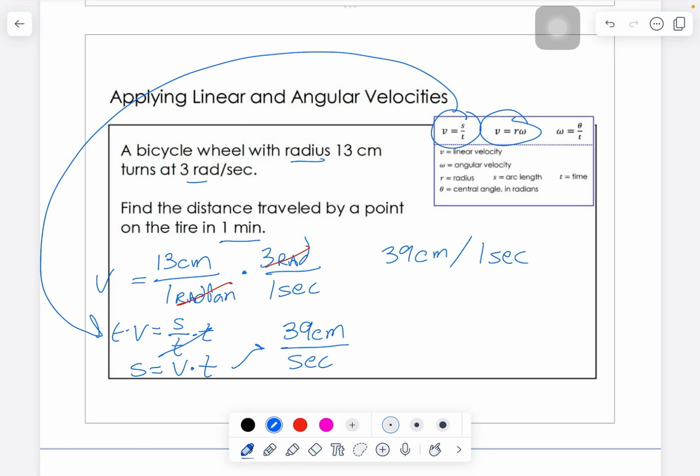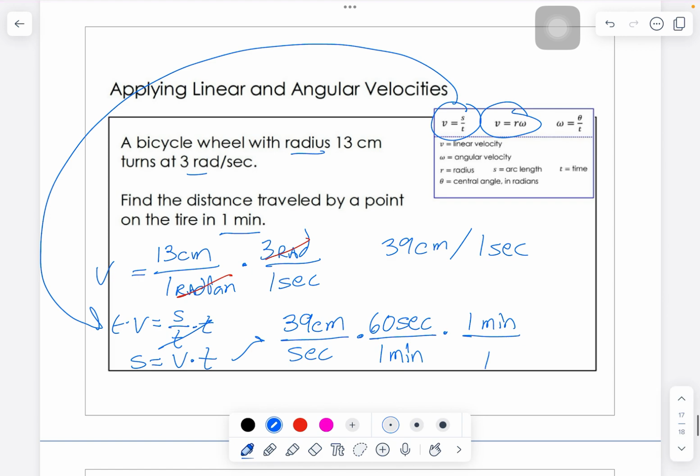So what I'm going to do here is make it 60 seconds per 1 minute, and then multiply by my time of 1 minute over 1. Now my seconds will cancel out, my minutes will cancel out, and I'll take 39 times 60 to get 2,340 centimeters.